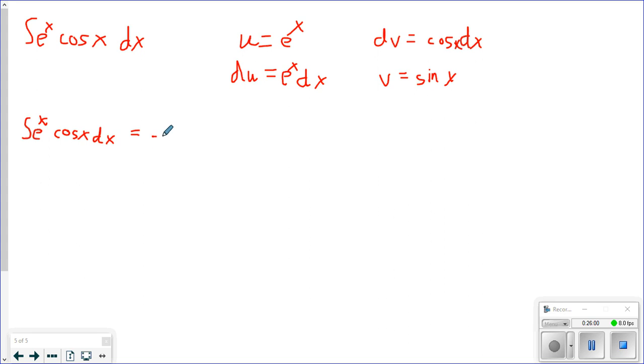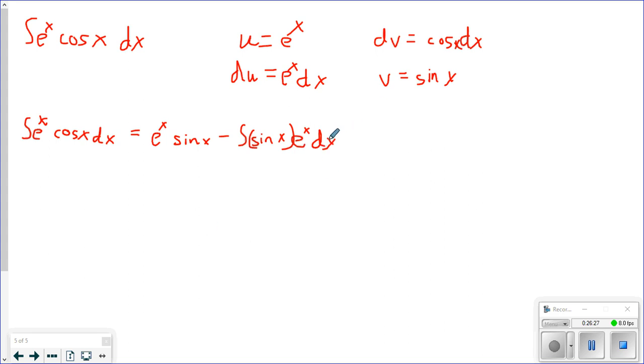So it's uv, e to the x times v, so sine of x, minus the integral of v du, which is going to be sine of x e to the x dx.